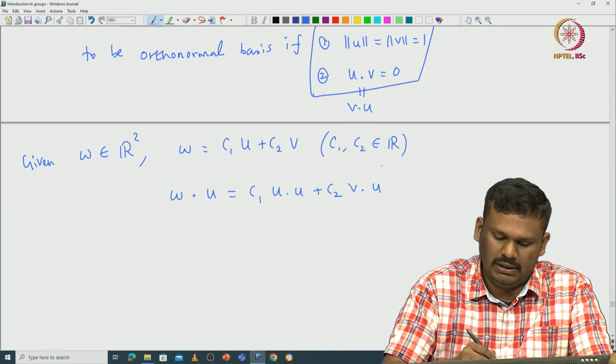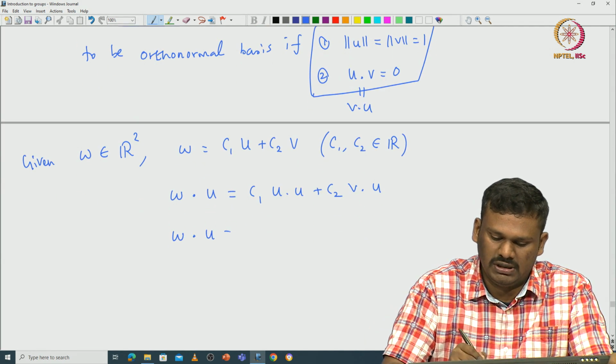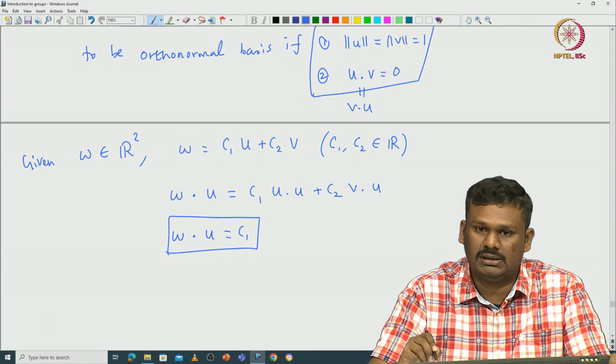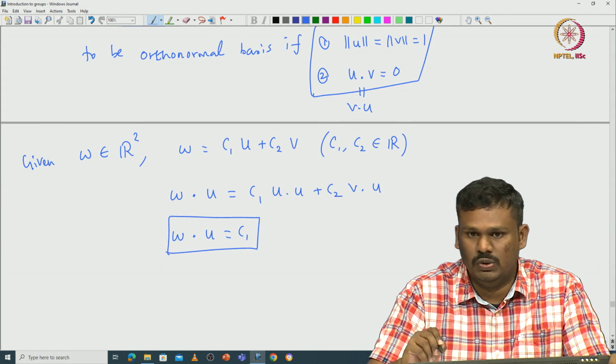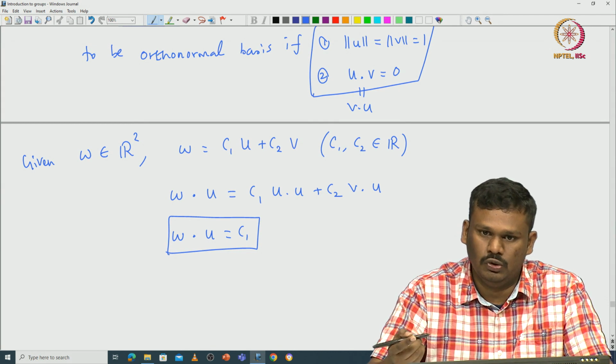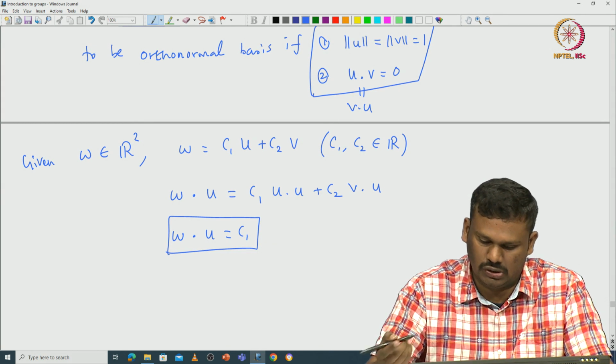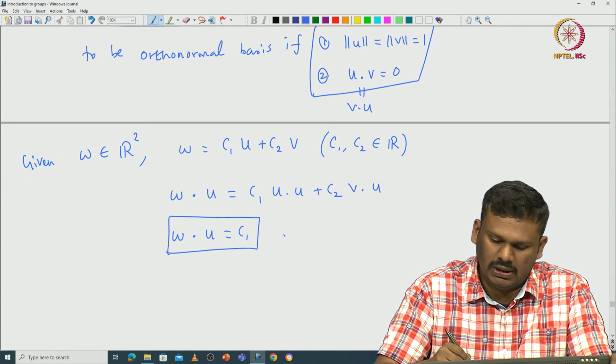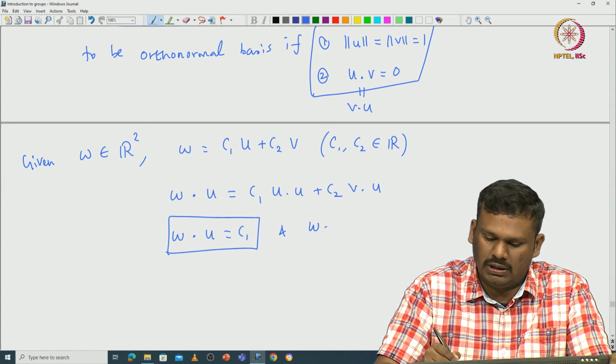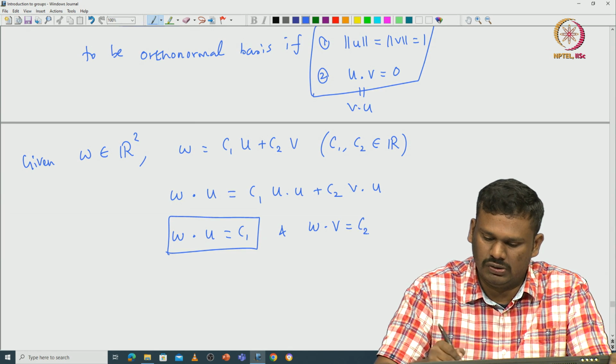So, w dot u is exactly C1, because u dot u is 1, since the norm of u is 1. So, norm u squared, which is u dot u, is also 1. Similarly, w dot v is equal to C2.